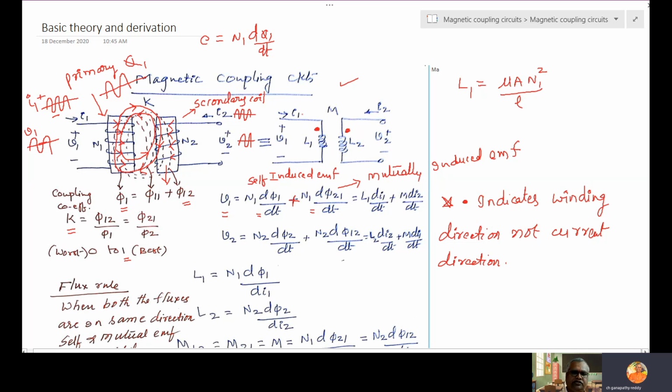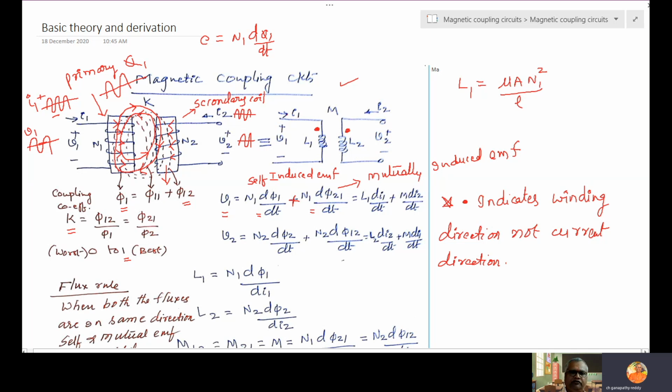What are the other combinations? Current I1 entering at the dot, but sensing at the undotted, is negative. Then another combination: I1 entering at the undotted, but sensing at the dotted, is also negative.